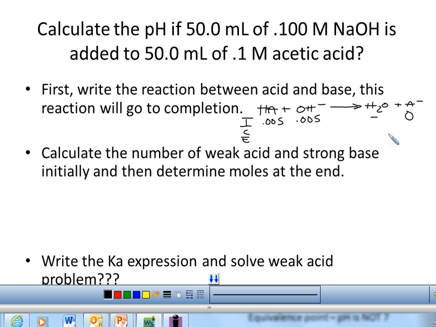Don't worry about the water, and I have no conjugate base to start. Here I don't have a limiting reactant. They are both equal, so my change is going to be 0.005, and so I will end up with none of this and none of this, and 0.005 of a conjugate base.